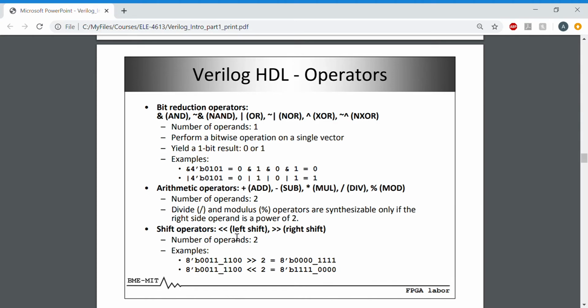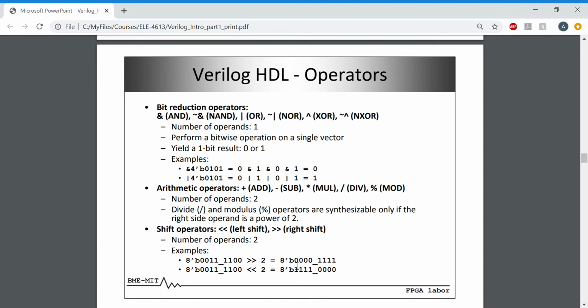Shift operators: left shift and right shift. What is a shift operator? You are just shifting the contents by a certain number. So here if you have 8'b0011_1100 and you shift by 2, you move everything to the right by 2 positions. So these 2 zeros are going to disappear, and the last 4 bits are going to be 1111.